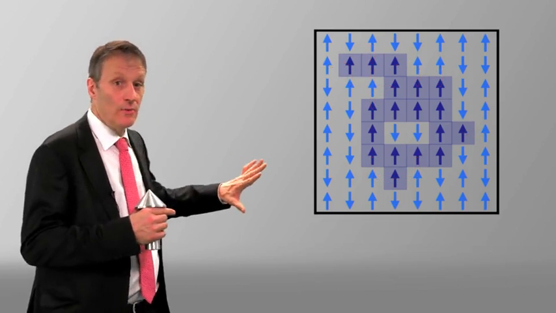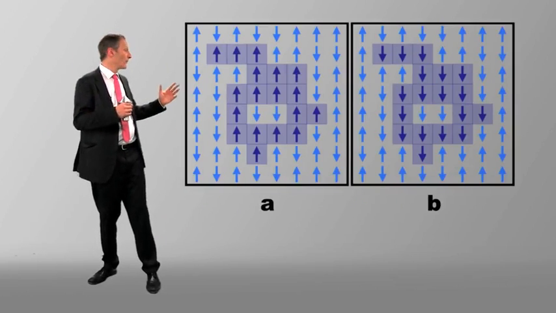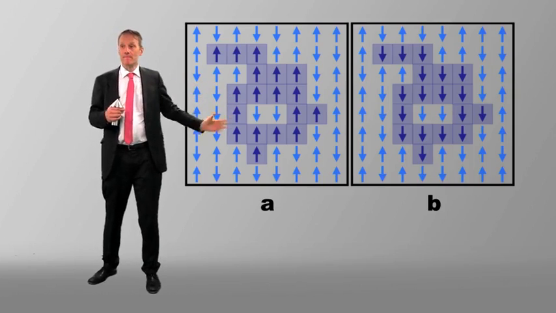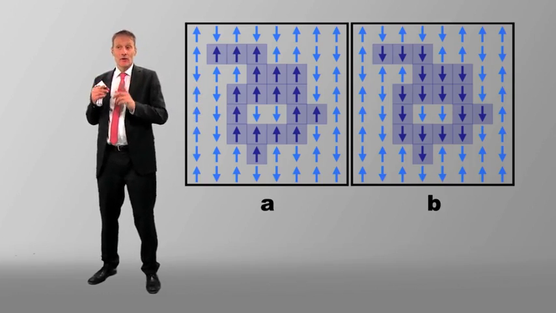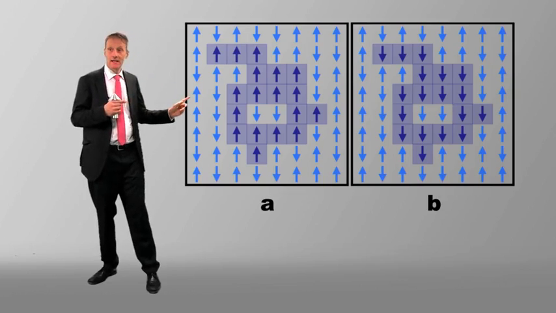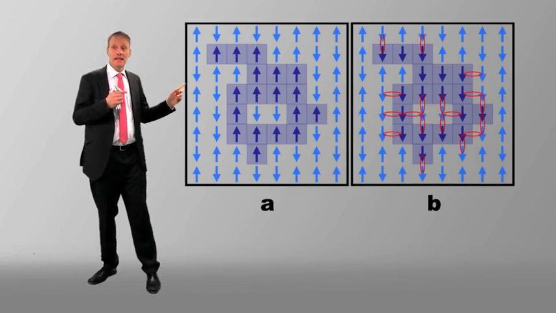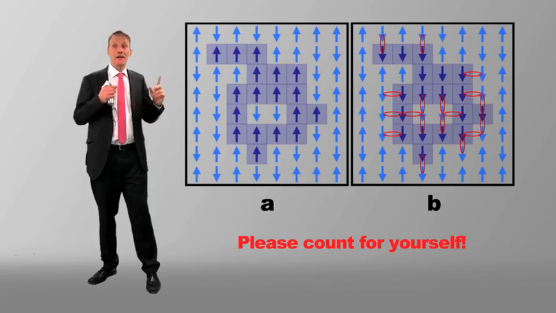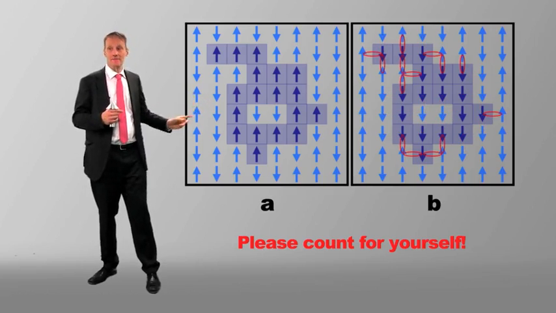So then we can flip this cluster and arrive from the configuration A to the configuration B. Notice that in the configuration B, there are now 18 links minus minus and 14 links minus plus.